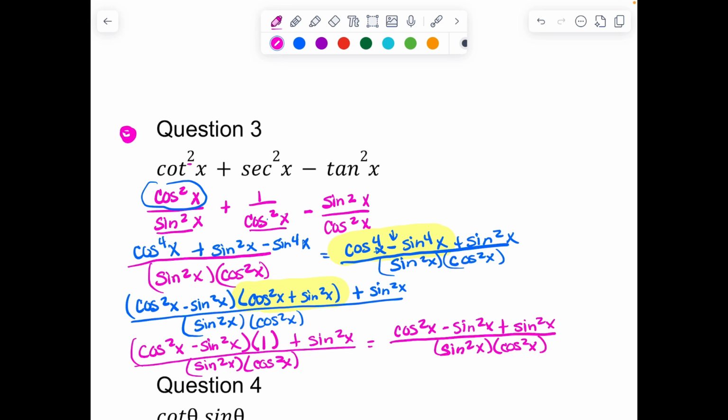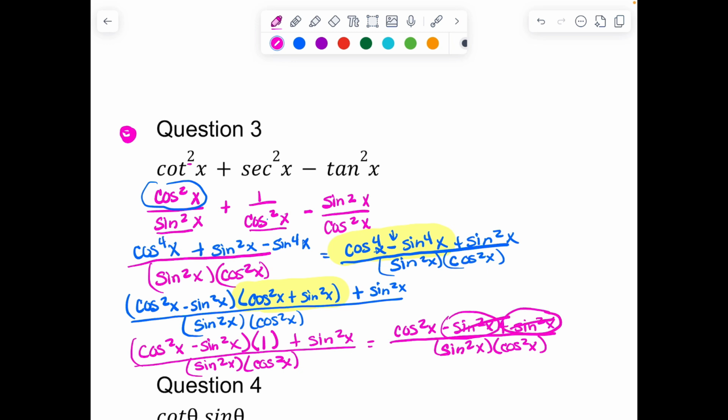And then from there, we can start reducing. If we look at the things that are the same, we can get rid of them, because this has happened to all pieces. We can get rid of this negative sine squared and this positive sine squared, they will reduce out.